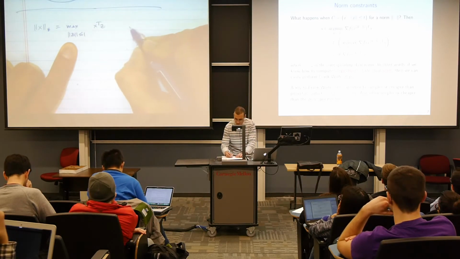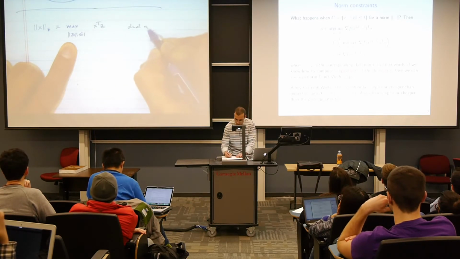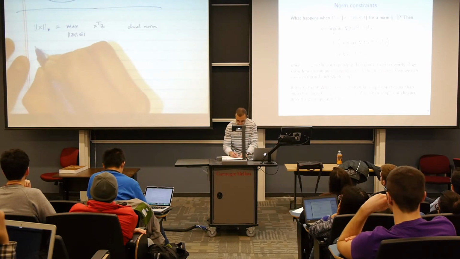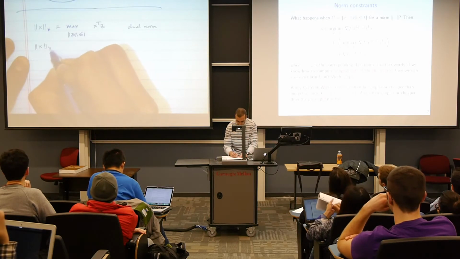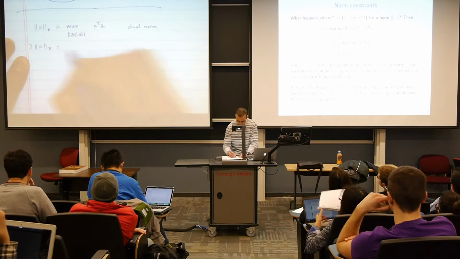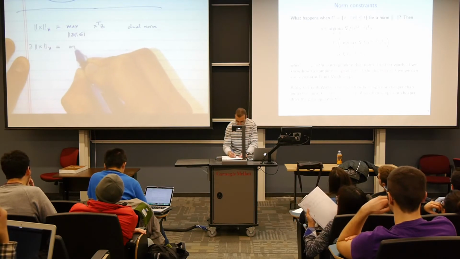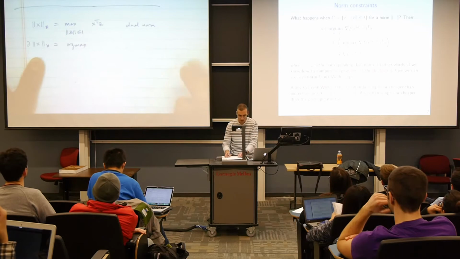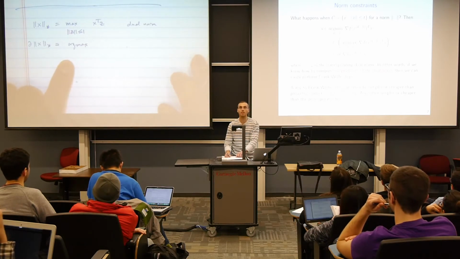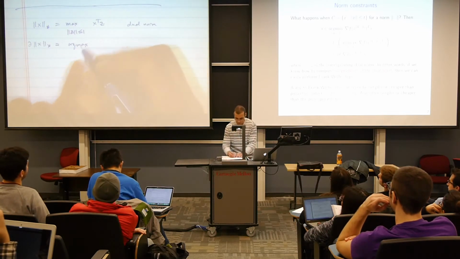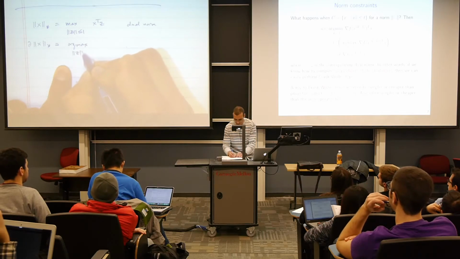It's the definition of a dual norm. And the subgradients of my dual norm evaluated at the point x are the things that achieve this maximum. They are the z's that make this the biggest.